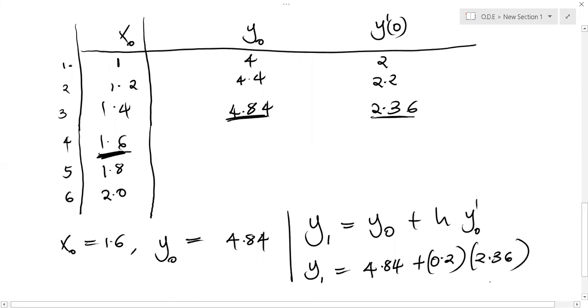What's going to be our answer for y1 if you solve that? So put that into the calculator: 0.2 times 2.36 plus 4.84. This should give you 5.312. So let's fill the table. For 1.6, we have our y1 as 5.312. Okay.